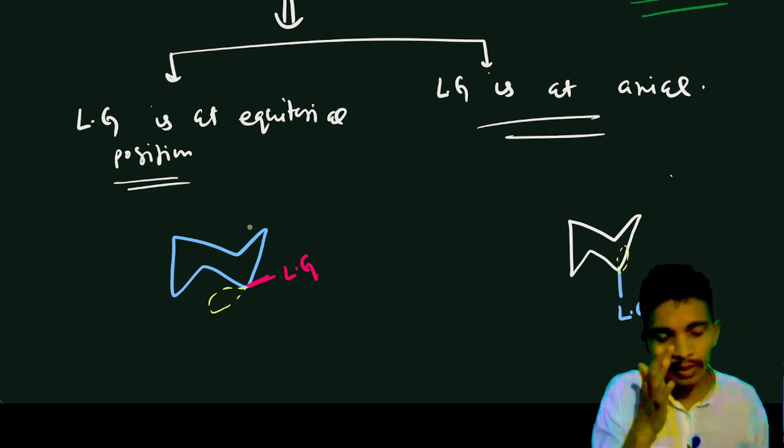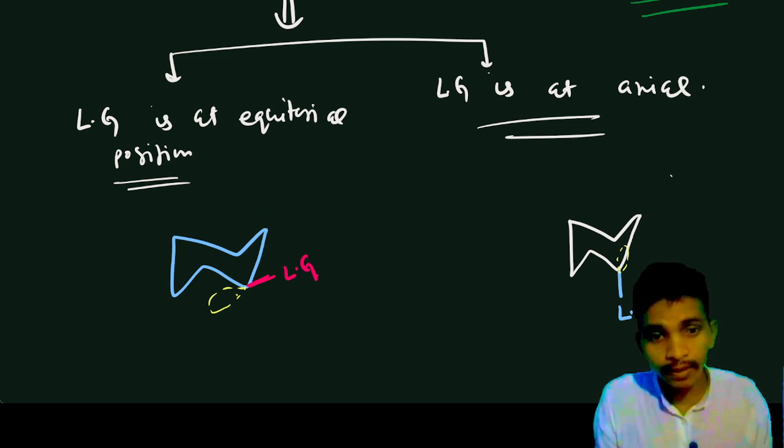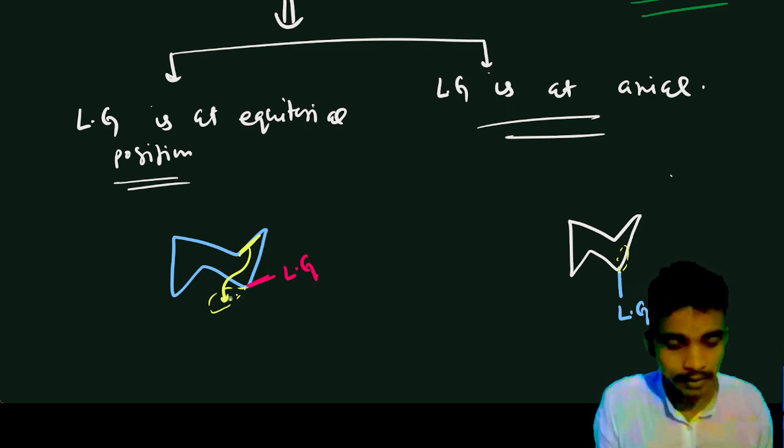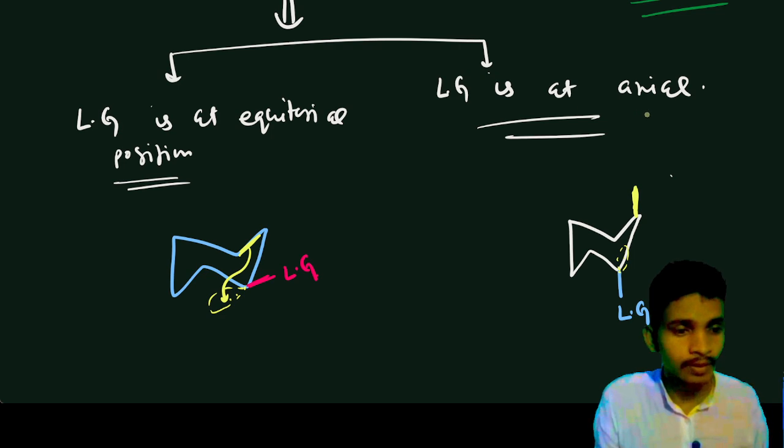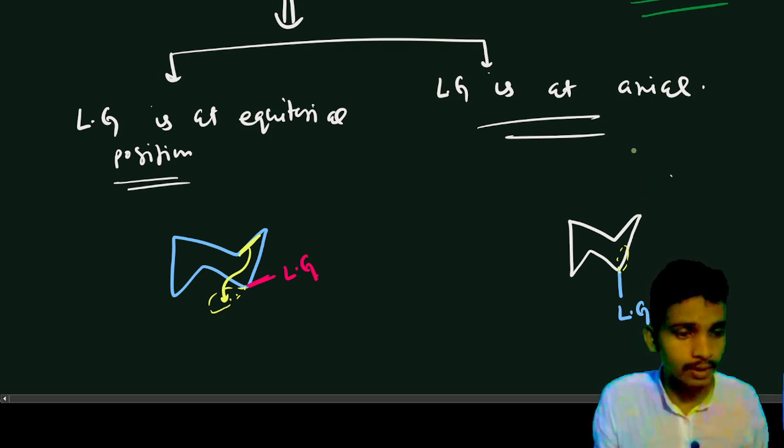For this one, the parallel group will attack here, and for this other one, whatever group is present parallel to it will attack here.